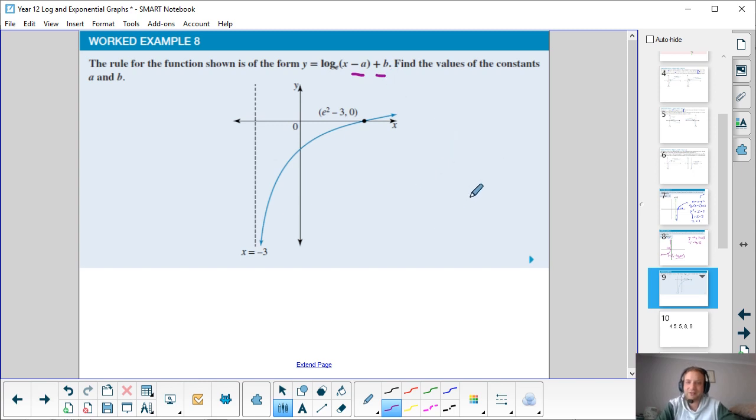So this graph has been translated up and down and side to side, and we've just got to figure that out. The way to start would probably be to look at the asymptote, because the asymptote is our side-to-side movement. This one has moved backwards 3 units.